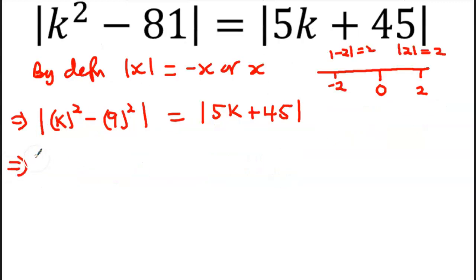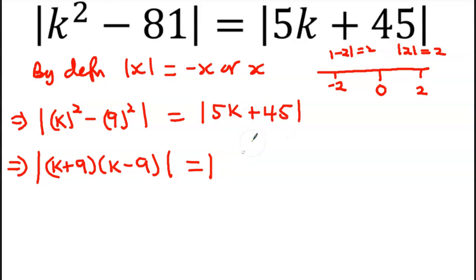So by this, you can simplify further: k plus 9 times k minus 9, which is equal to, we can factorize 5, 5 can go into 45, so 5 out, and then k plus 5 into 45 is 9.